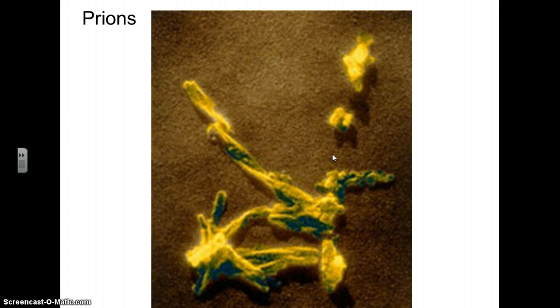They cause what are called brain-wasting diseases, like mad cow disease in cows, scrapie in sheep, and in people it's called Creutzfeldt-Jakob disease. And it's, again, these prions, these defective proteins get in your brain, and they damage nerve tissue and the proteins in your brain. And yeah, it's a pretty bad thing.